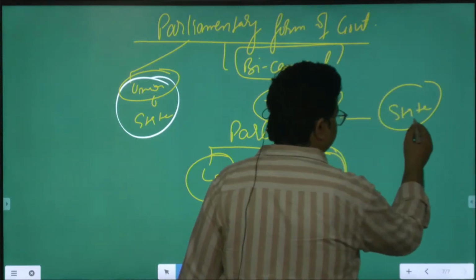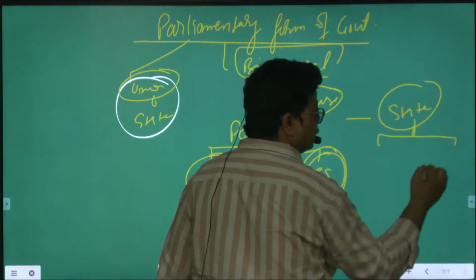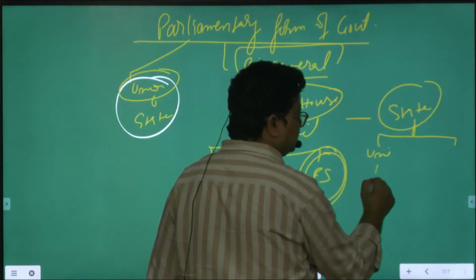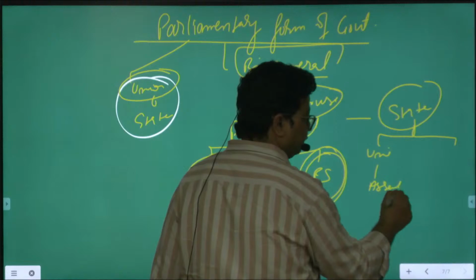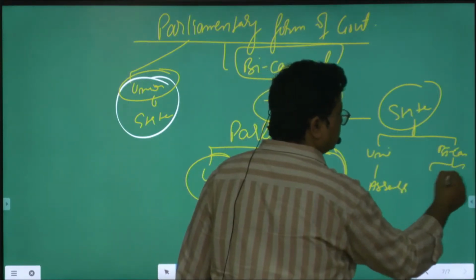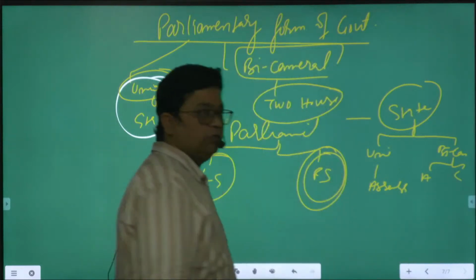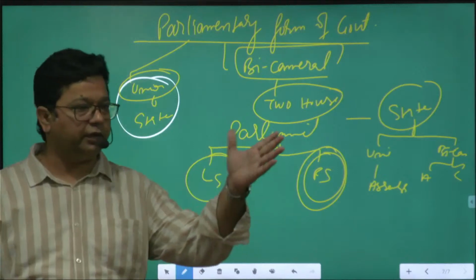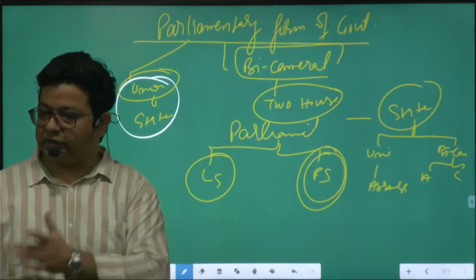So at the state level there is a mixture of unicameral, having only an assembly, and certain states having a bicameral, having assembly plus council. We will study these features when we study the state legislature.